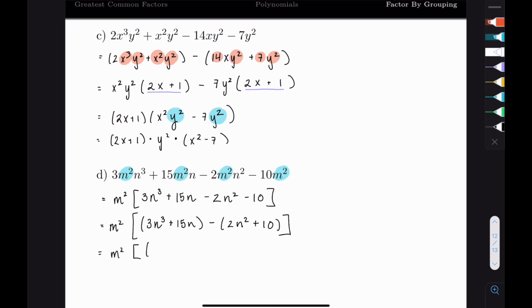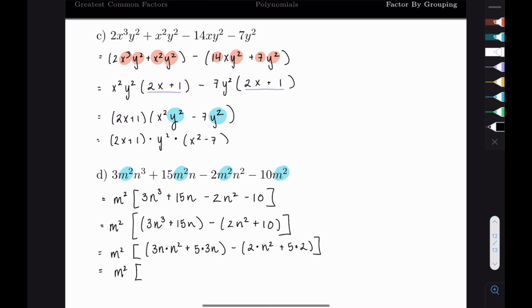From my first piece, both these numbers are divisible by 3, and they both have one single n in common. So we can write that as 3n times n squared, and then we can write this as 5 times 3n. For the second piece, they really just both have a 2 in common. So I'm going to break down the 10 as 2 times 5.